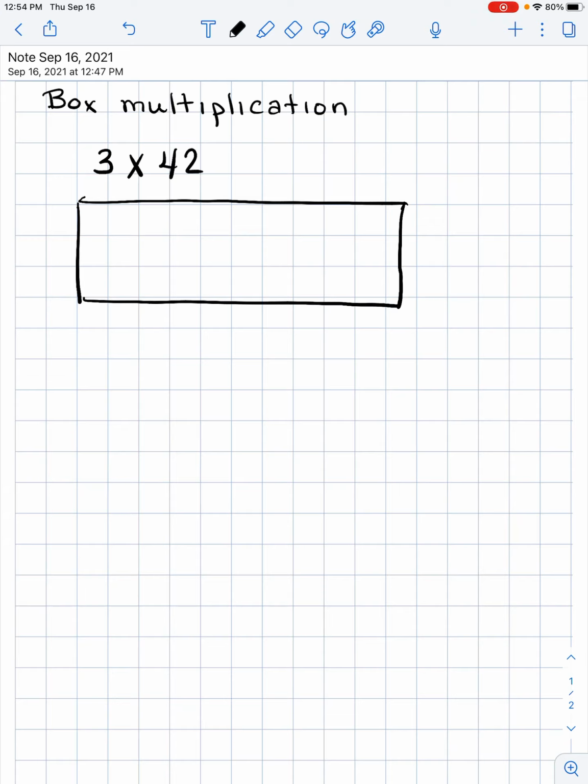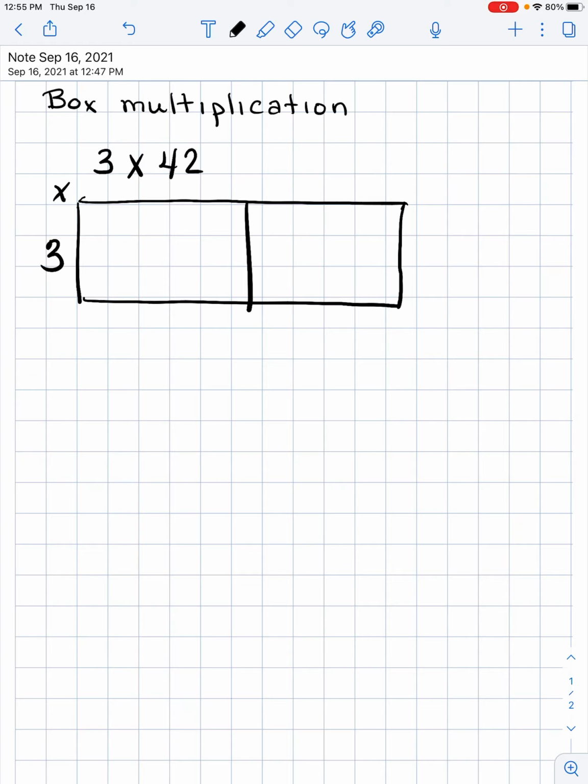This box we're going to use as our multiplication matrix. And we're going to put our multiplication sign here. And we're going to put 3 times. Now, here's where we're going to expand.